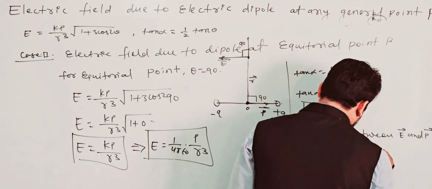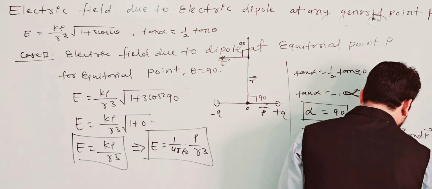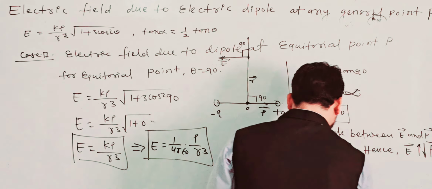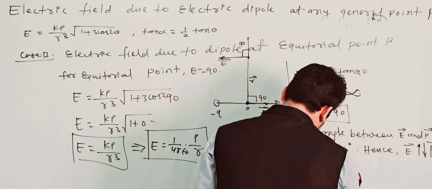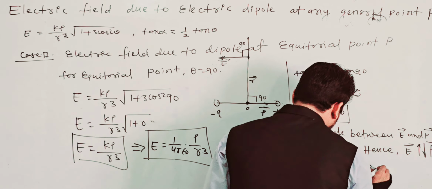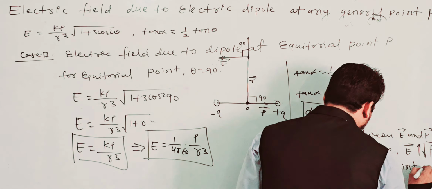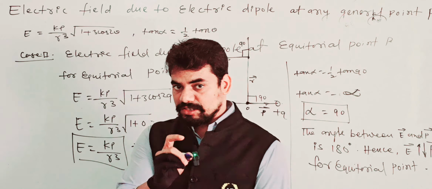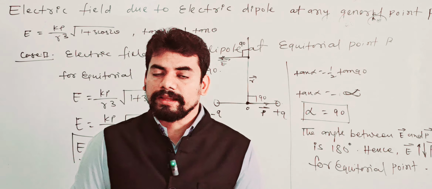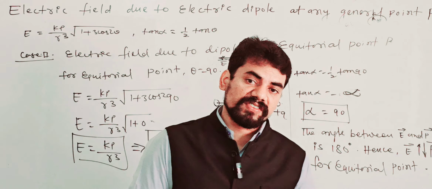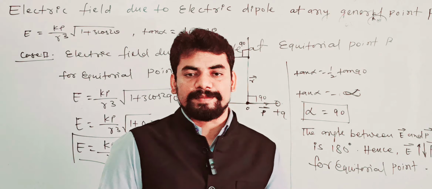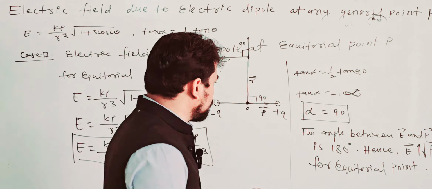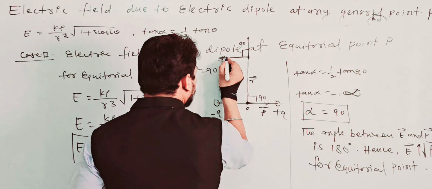Hence E is anti-parallel to P for the equatorial point. It means on the axial point, electric field and dipole moment are in the same direction because theta is 0. At the equatorial point, the angle between electric field and dipole moment is 180 degree. It means they are anti-parallel, in opposite directions. You can see this is the dipole moment, this is the electric field.